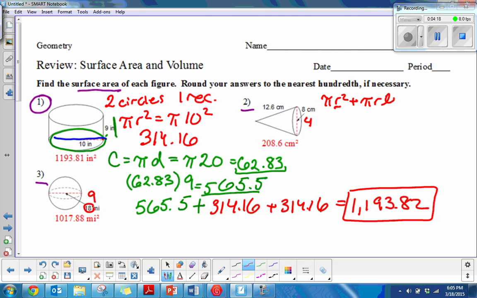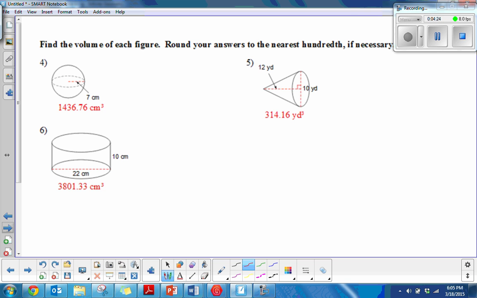The next piece I want to move on to, remember, we're not going to do all of these. What I want to do is give you all the equations to these. I'm not going to go through every single one because all you're doing is plugging them in. The equation for finding the volume of a sphere is 4/3 pi r cubed.